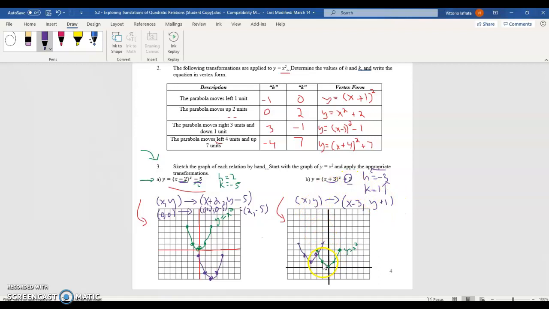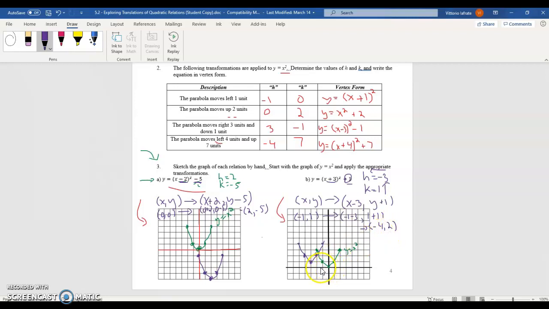And so if we take a point, let's say the point negative 1, 1, in our new function with the transformations, we would have negative 1 minus 3, comma, 1 plus 1, which would be negative 4, 2.